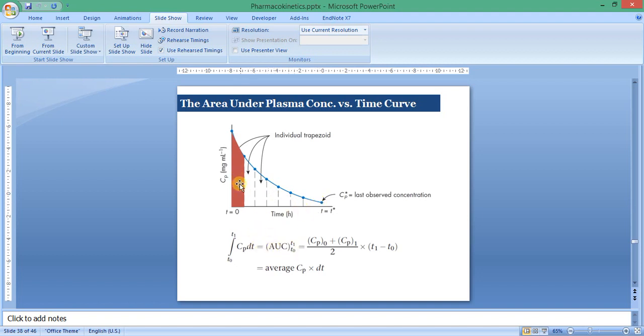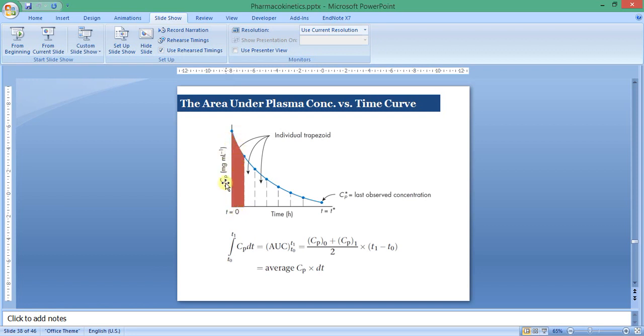The area of the first trapezoid equals the concentration at point 0 plus concentration at point 1 divided by 2, so the average of the two concentrations, multiplied by T1 minus T0.